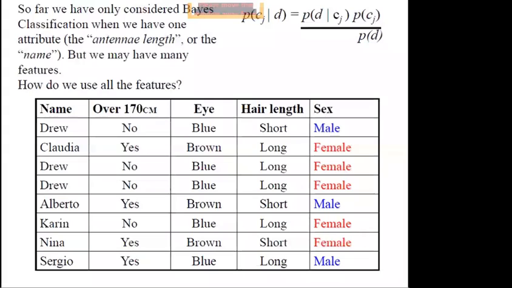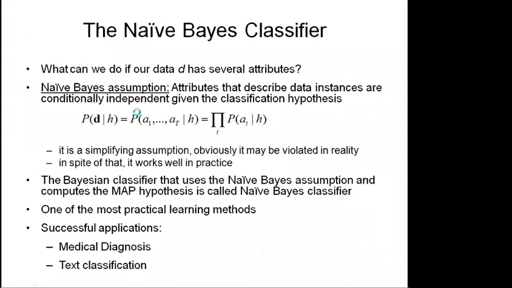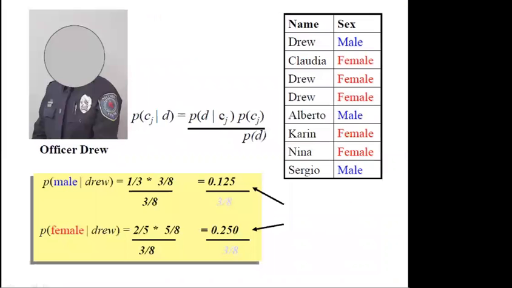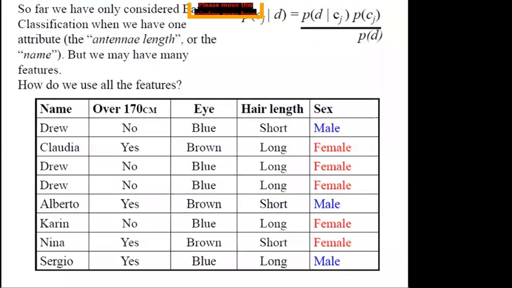If you have more features, what will you do? In the previous case, the table was simple, just name and sex. But if the table is like this, and I need to identify whether the cop is male or female, not just based on the name, we have other features like height, eye color, and hair length.